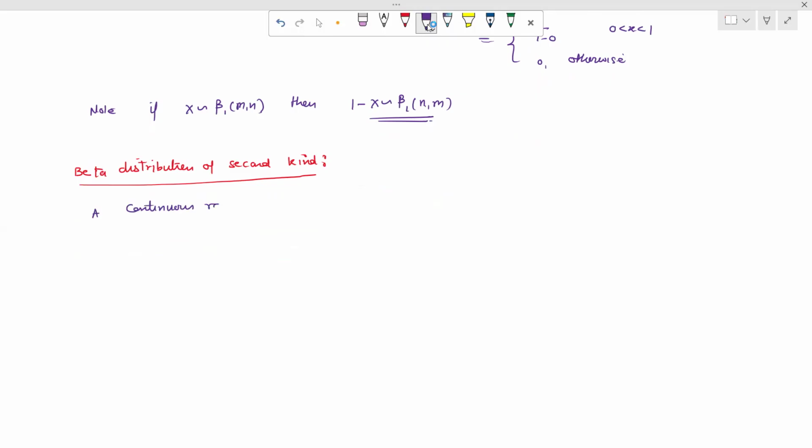A continuous random variable x is said to have a beta distribution of second kind.